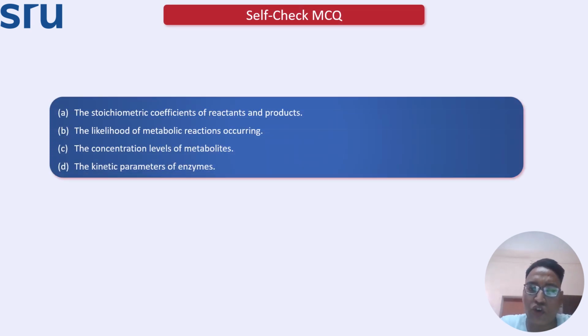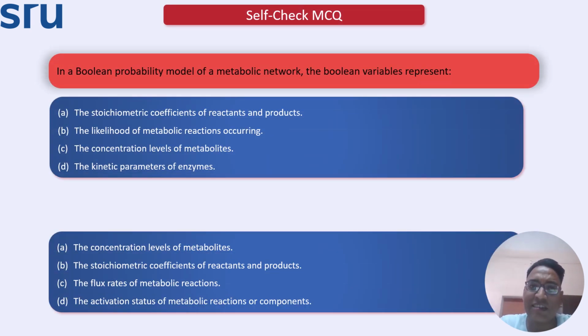If you have understood so far, let us answer these MCQ questions. In a Boolean probability model of a metabolic network, the Boolean variables represent. See, the Boolean variables represent the concentration level of different metabolites over which the probability is applied. The probability is whether it is actually coming up to that level or not to guide the required function.